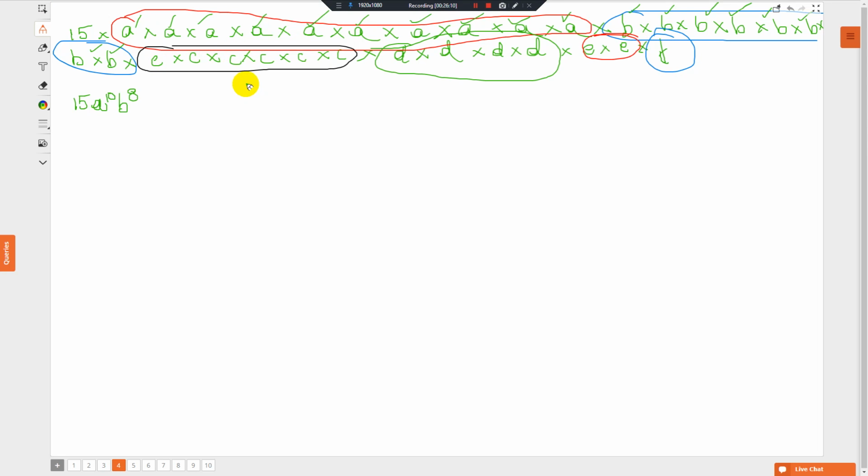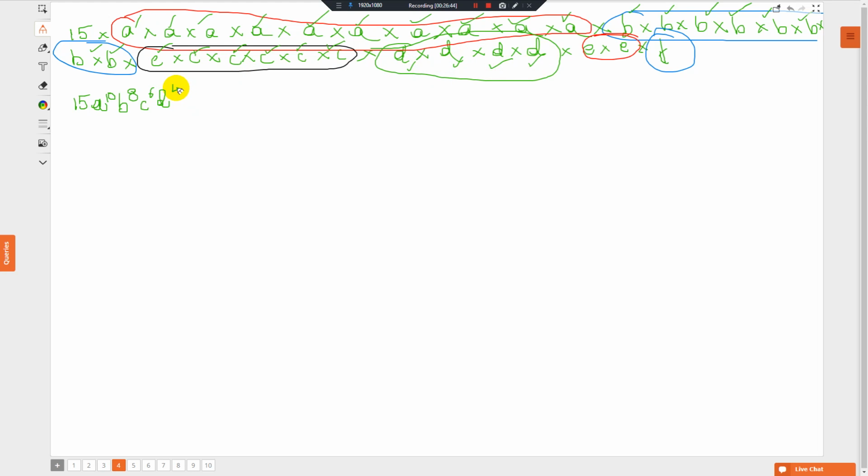In our third group, which letter is used here? C. So write C. How many times? 6 times. So write here. Okay. Now, which letter is used here? D. So write D in your answer. How many times? 1, 2, 3, 4.